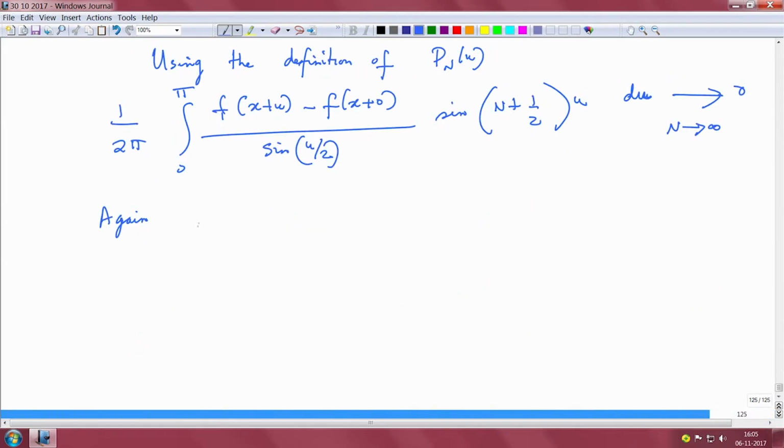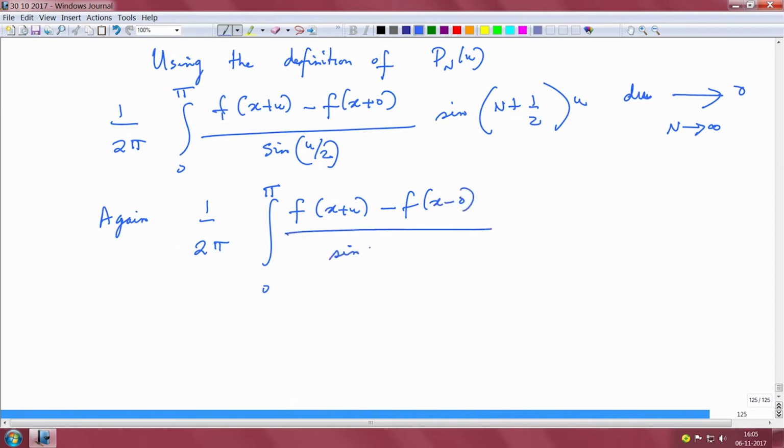Now again, 1 upon 2 pi integral 0 to pi, this heads to 0.